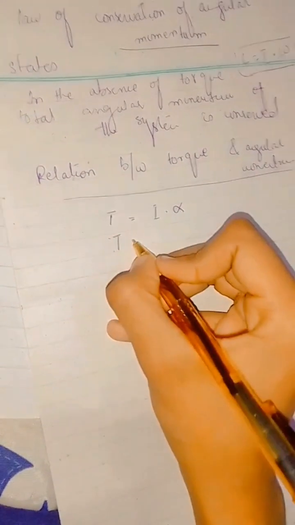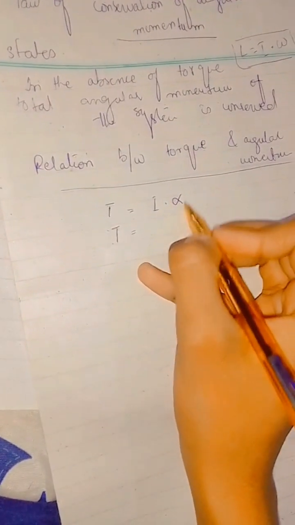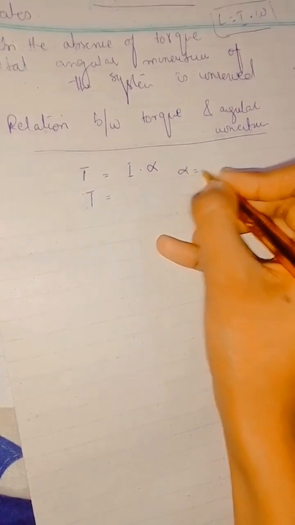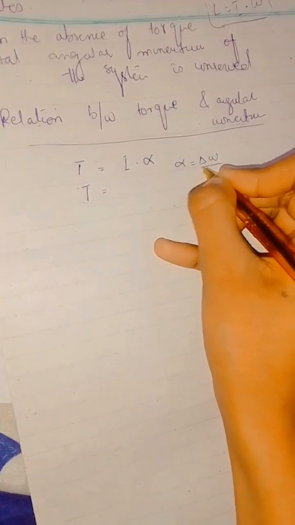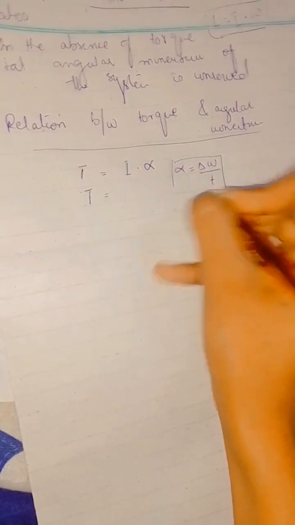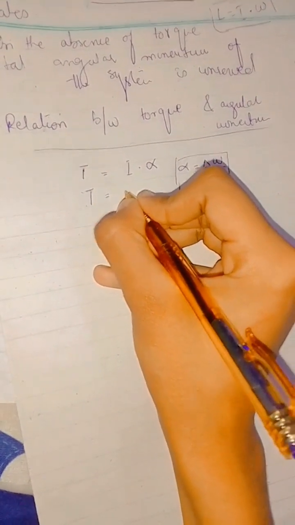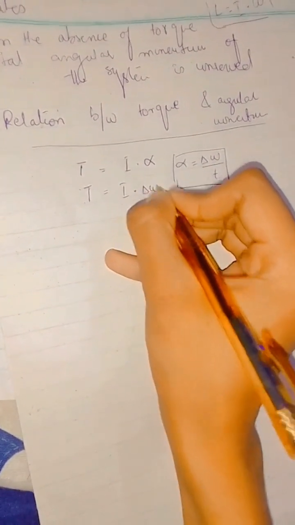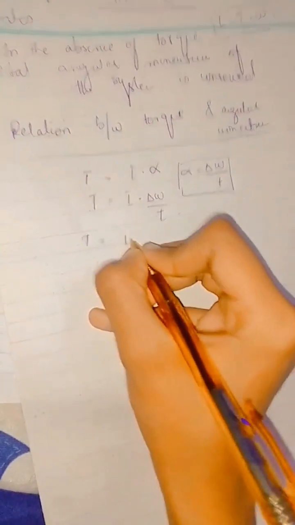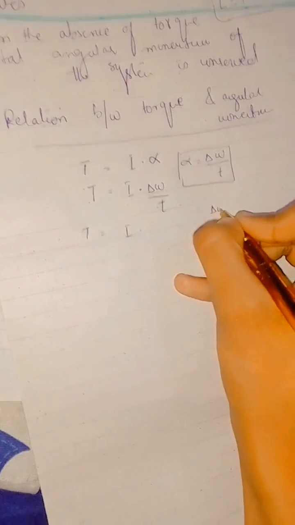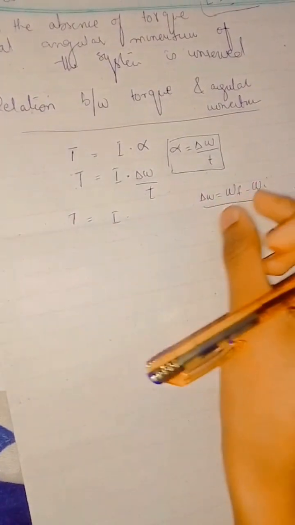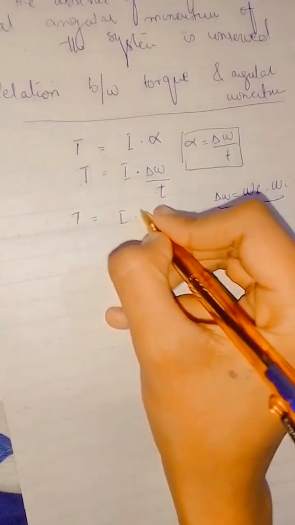Now torque is equal to what? It is equal to the change of angular velocity with respect to time. So we will be putting its formula here, that is I into change in velocity upon time. The change in velocity is basically equal to Vf minus Vi, as we know that change is equal to final minus initial.